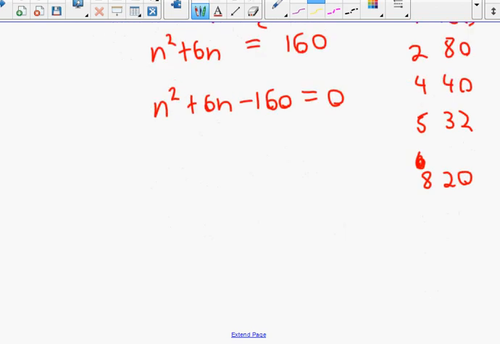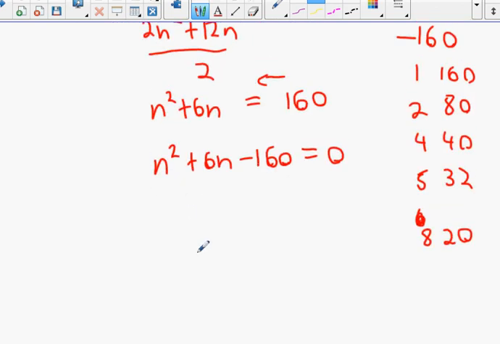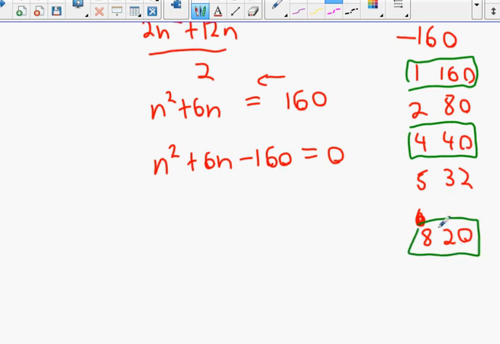Do any of those combinations make a 6? So we keep going. What about 10? 10 and 16. 10 multiplied by 16 is 160.